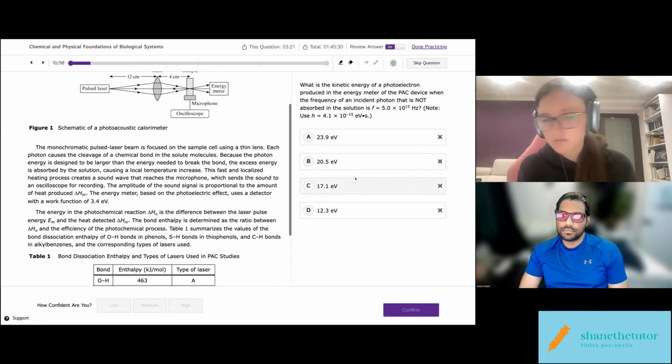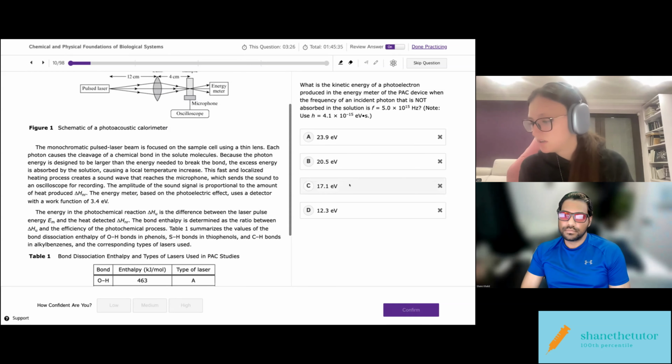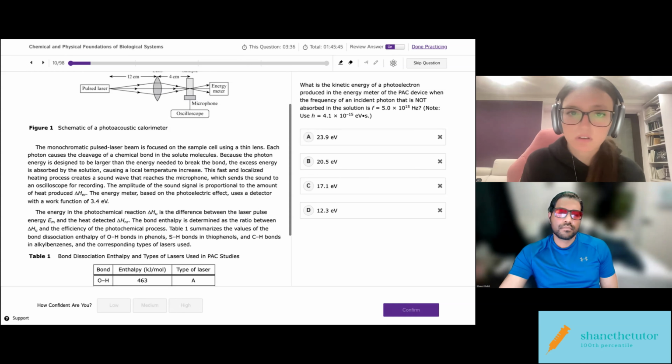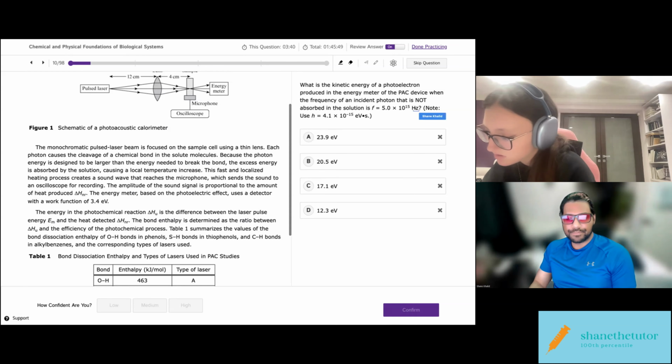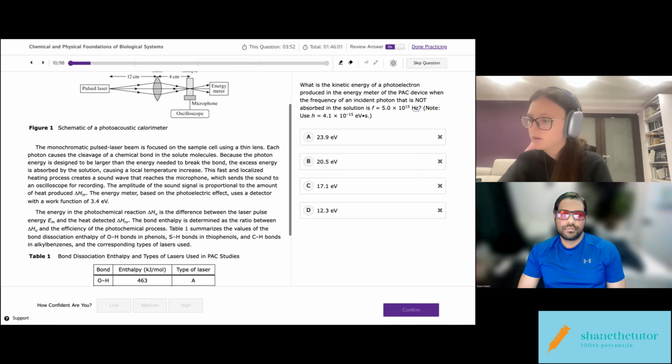But it's not in the right unit. Like 20 minus 3.4 would be around 17, but I don't think it's in the right units because it's eV times second and this is in hertz. Remember what hertz was if you deconstruct it? 1 over s.